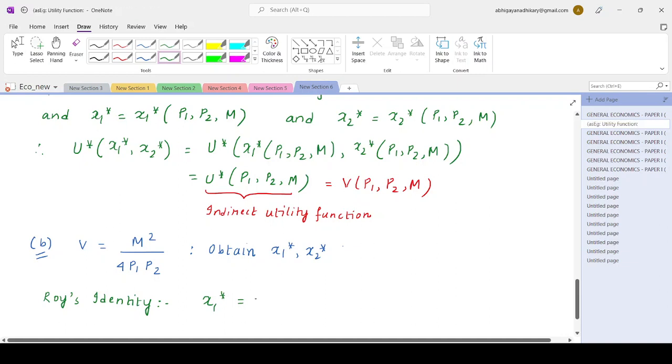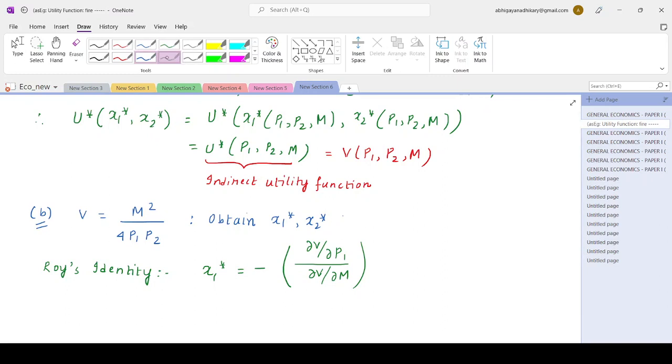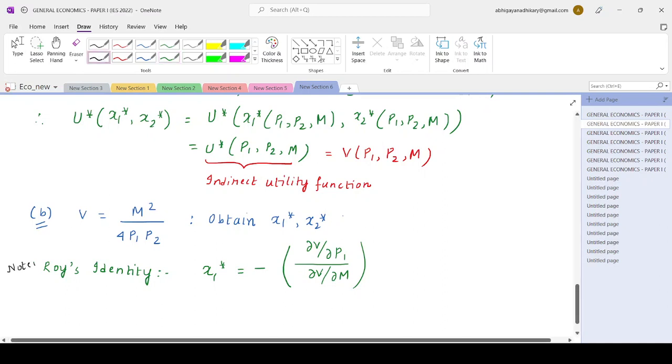It is defined as minus of the partial derivative of v with respect to p1 divided by the partial derivative of v with respect to m. I'm not going into the proof of this. If you are interested in knowing the proof, do let us know in the comments. We will come up with a short video explaining how Roy's identity is obtained. For the time being, you can just take it as a result that you need to use to get to the demand functions.